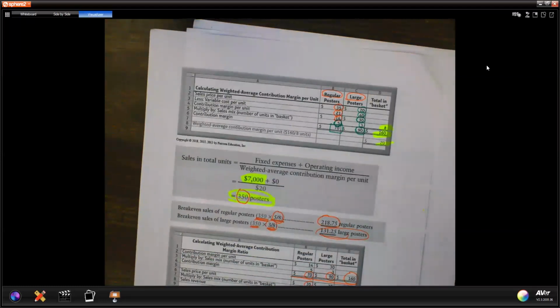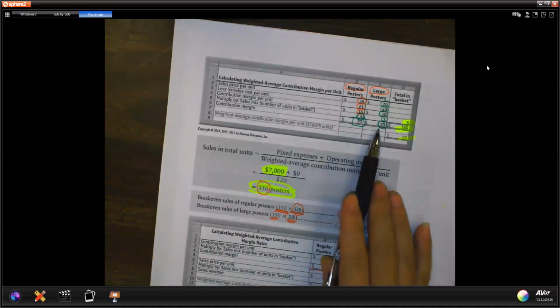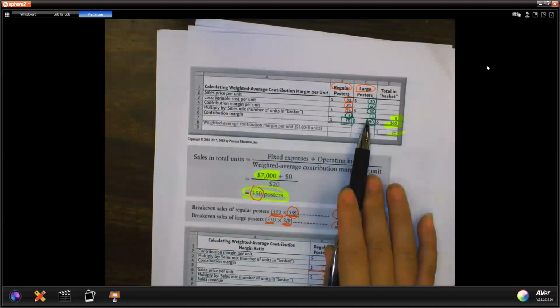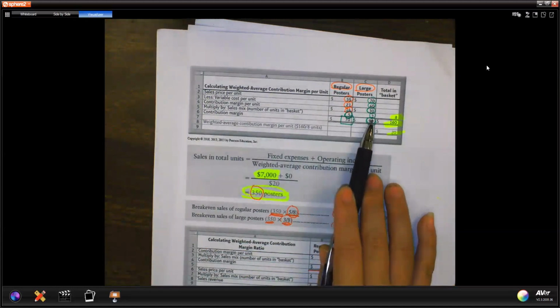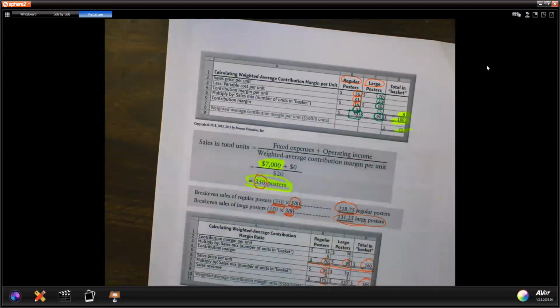So next thing you have to know is how to get the break-even point if we have more than one product. We treat them as a weighted average. So you have two products, and the total is 8 units, because for every 5 units of A, you get 3 units of B. And in total you get $160 as contribution margin. So the weighted average is $20 per weighted average unit.